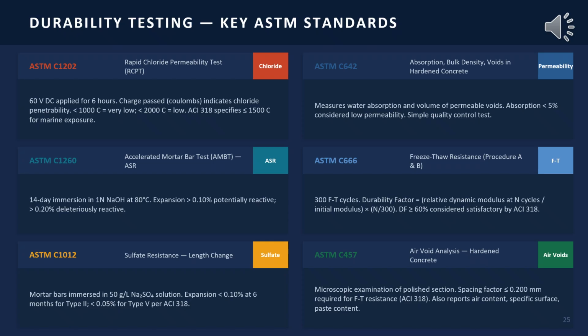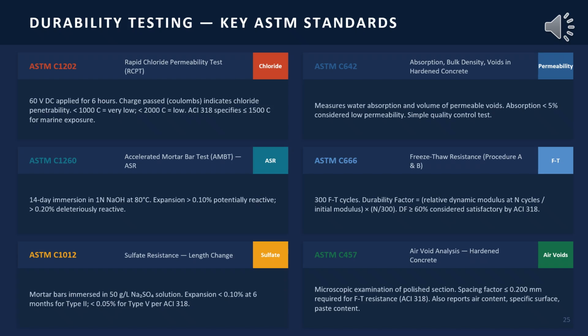And now, as practicing engineers, you will need to specify and interpret durability tests. Let me walk you through the six most important ASTM standards. The ASTM C1202, the rapid chloride permeability test, is probably the most widely used acceptance test for chloride resistance. A 50 mm thick slice of concrete is subjected to 60 volts DC for 6 hours.